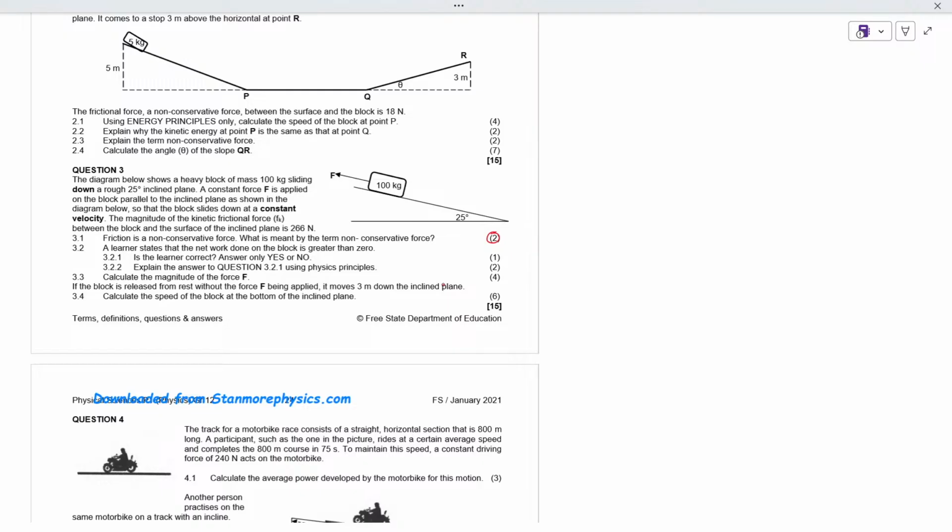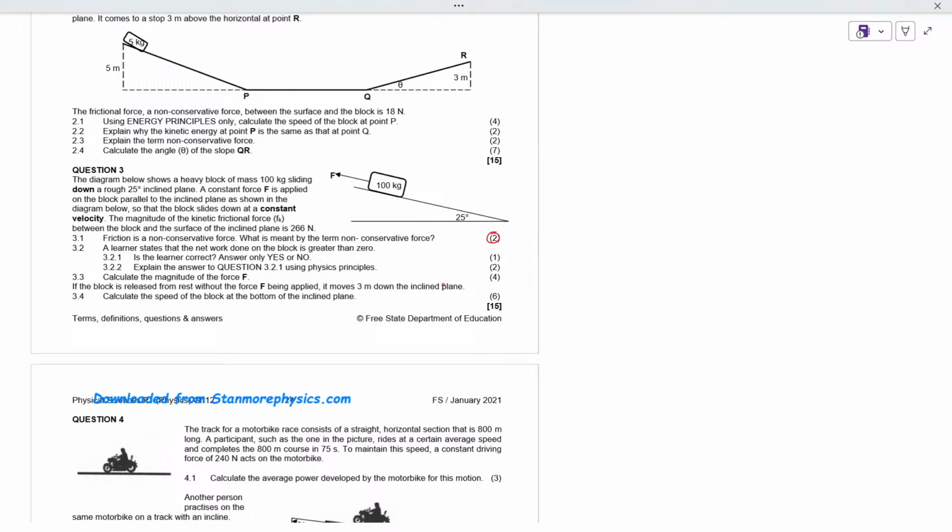3.2. A learner states that the net work done on the block is greater than zero. 3.2.1 Is the learner correct, yes or no? What do you think about the answer of this learner? Let me read it again.